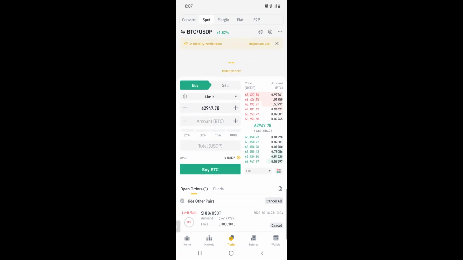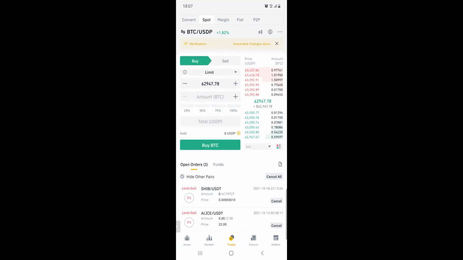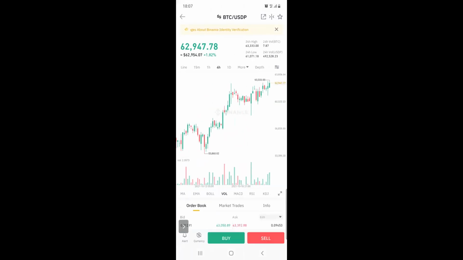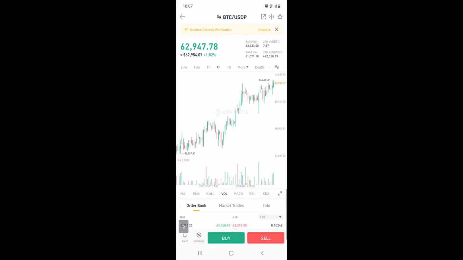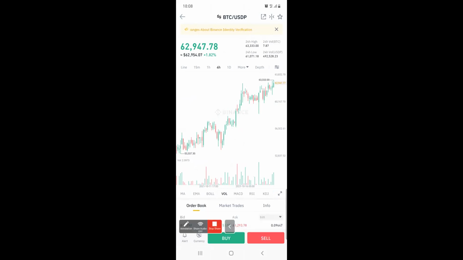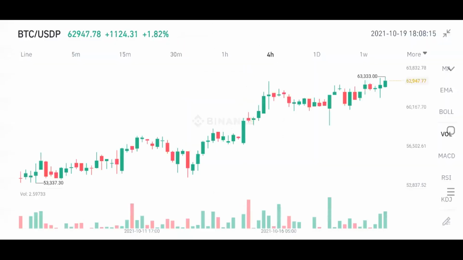So I'll go to this chart. That's where to go to my chart. I'll click on it. Okay, fine. So for me to read it well, there is a point here you will see, you click on it so that it will expand the screen.